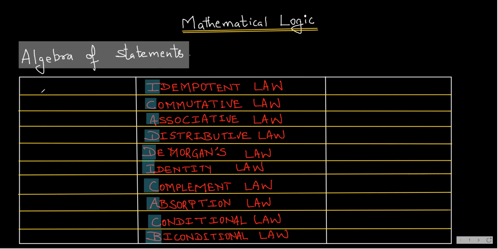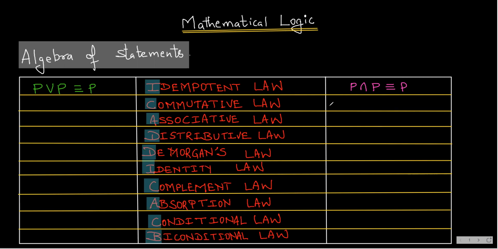Idempotent law means if I have P or P, then it is equivalent to P. And if I have P and P, it is, remember, equivalent to P. So this is first law, idempotent law. Idempotent law says that P or P is same as P. P and P is same as P.